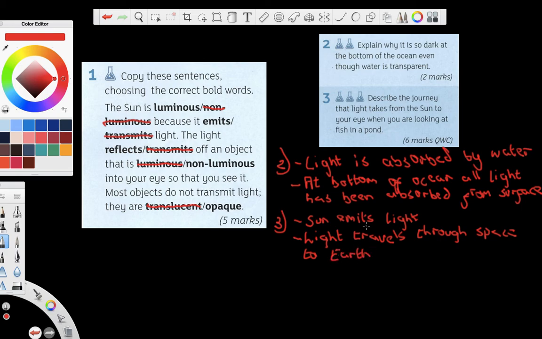You could have then said for your 3rd mark that the light travels through the air. Light travels through the air and moves into the water.